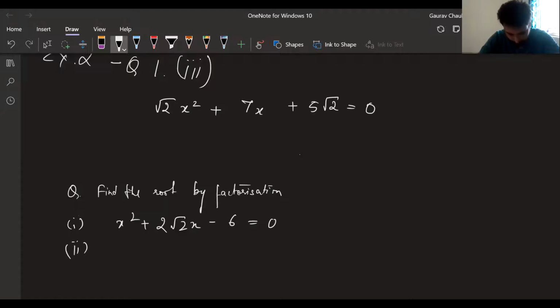And take one more down: root 3x square plus 10x plus 7 root 3 is equal to 0.